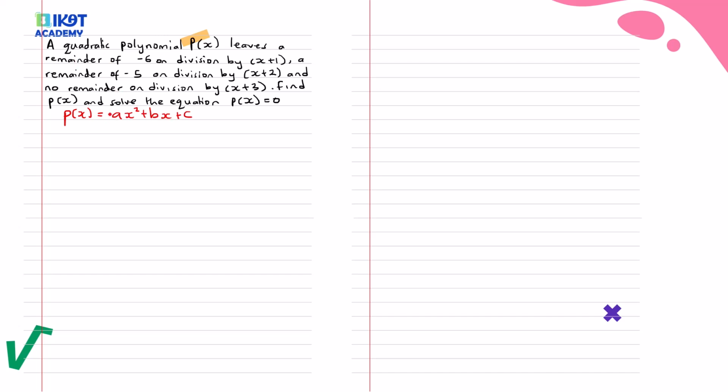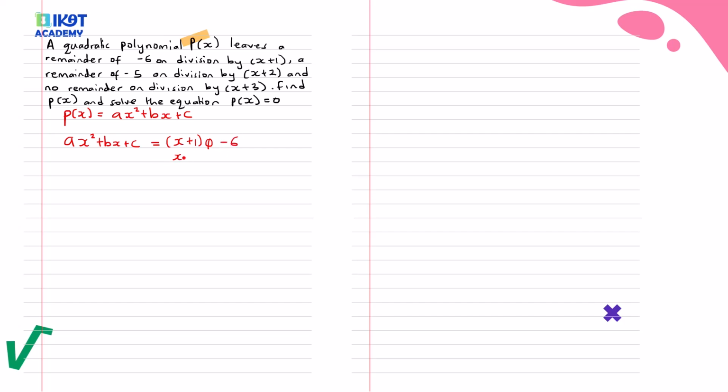Now we can start interpreting what we have here. This quadratic polynomial leaves a remainder on division by this. Meaning when it's divided by this, it leaves a remainder of negative 6.